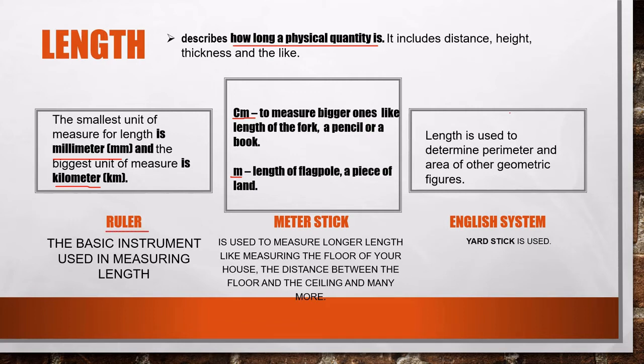Ruler is the basic instrument used in measuring length. We also use meter stick if we are to measure longer lengths like measuring the floor of your house, the distance between the floor and the ceiling, and many more. In English system, yardstick is used.